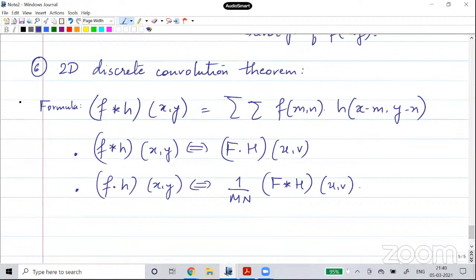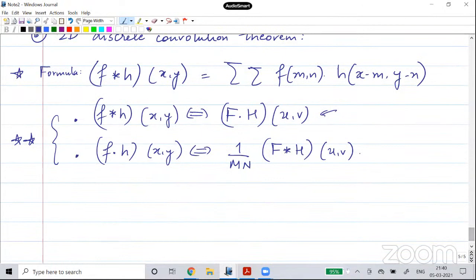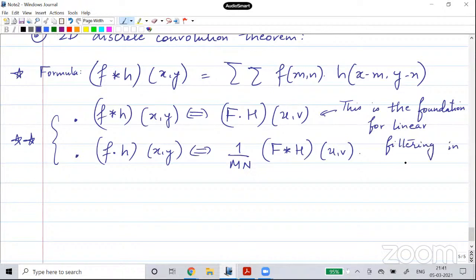This formula, actually the first one here, is the foundation for all linear filtering in the frequency domain, because this tells us how you go back and forth in the case of images.